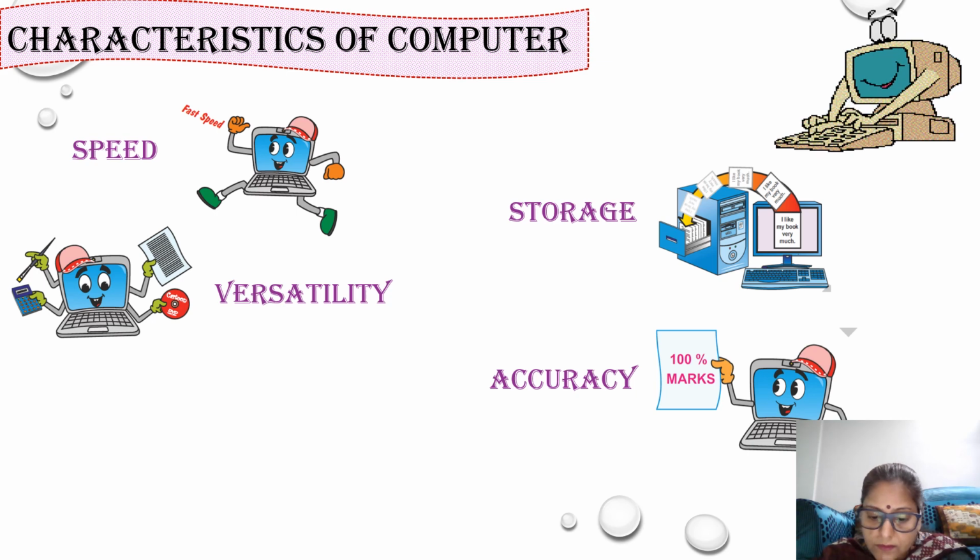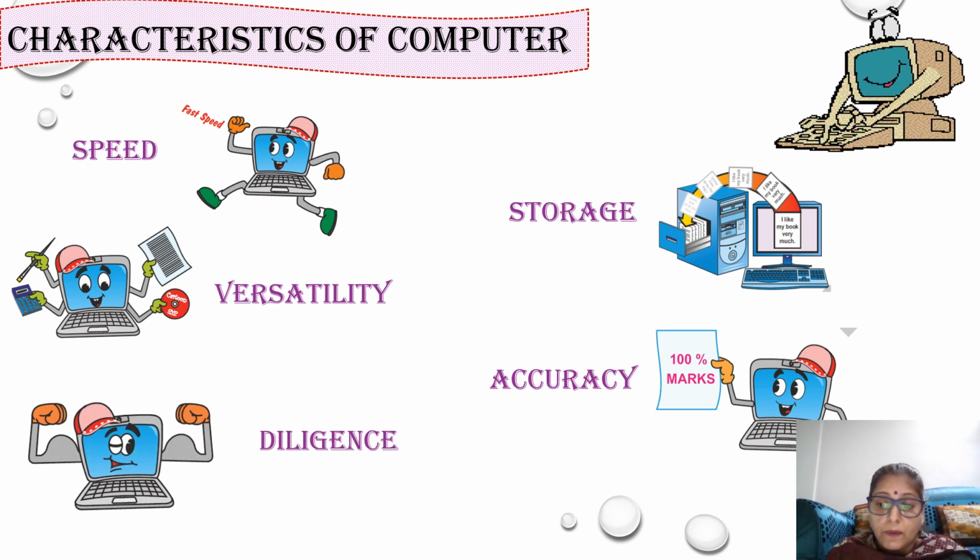Now the fifth characteristic of computer is diligence. Means unlike a human, the computer does not get tired or lose its concentration, right? Due to these characteristics, it overpowers human beings in most regular tasks.